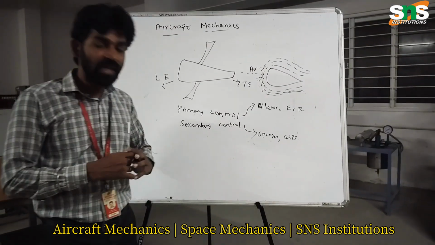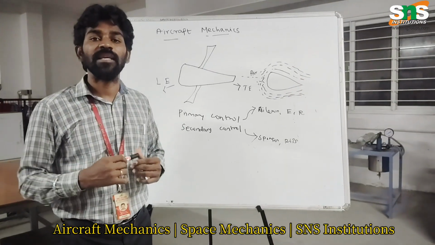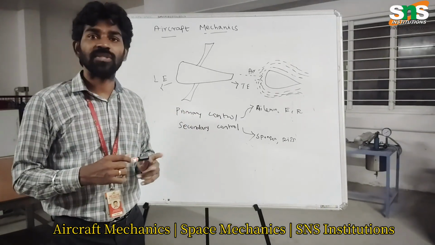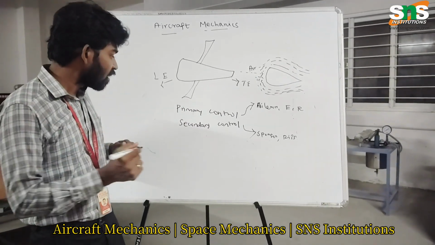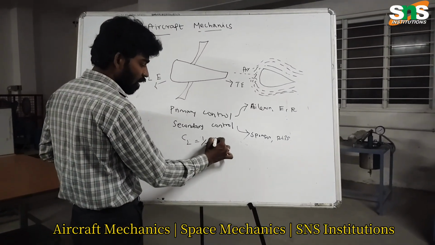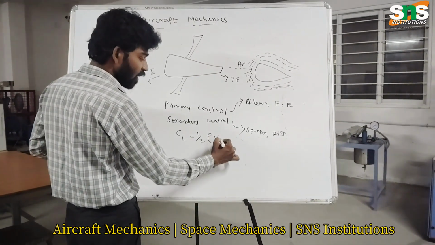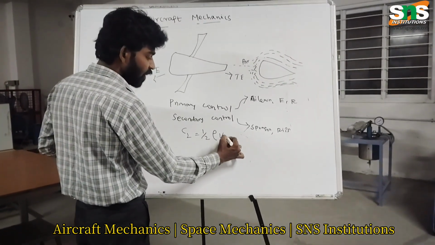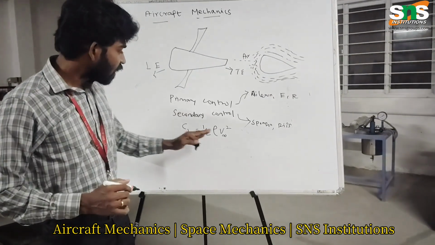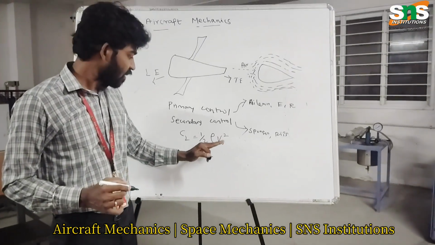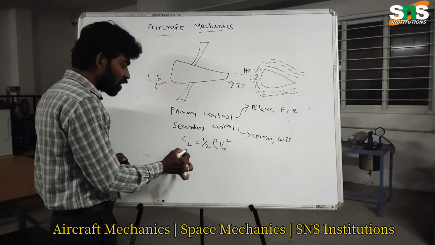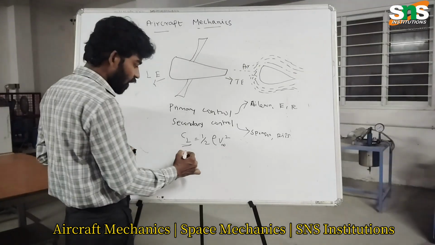In this wing condition, normally the basic operation between the leading edge and trailing edge and the coefficient of lift is calculated as L over half rho V infinity squared. Here rho is the density and V infinity is the velocity. From this we calculate the coefficient of lift.